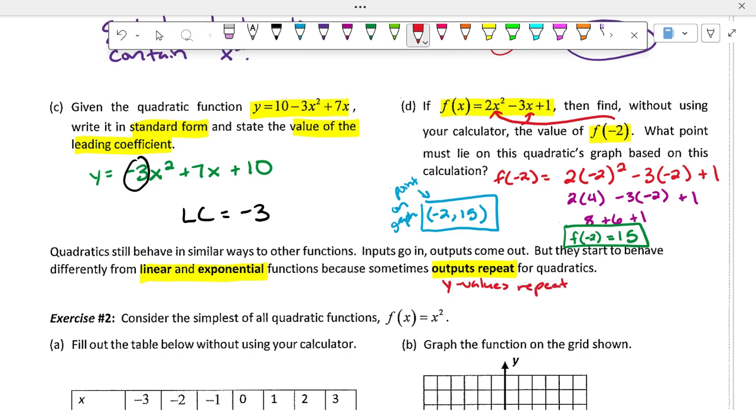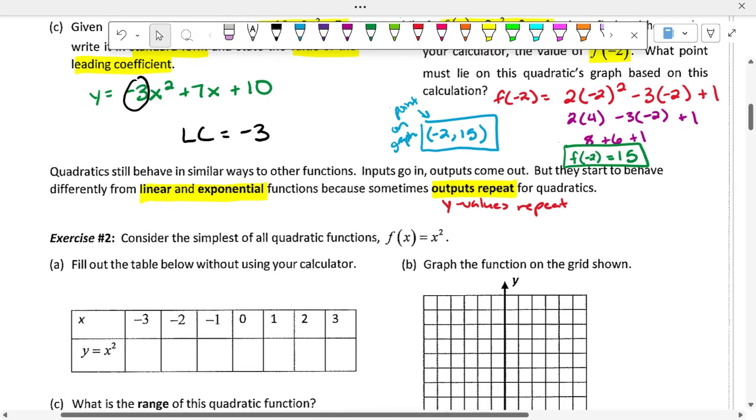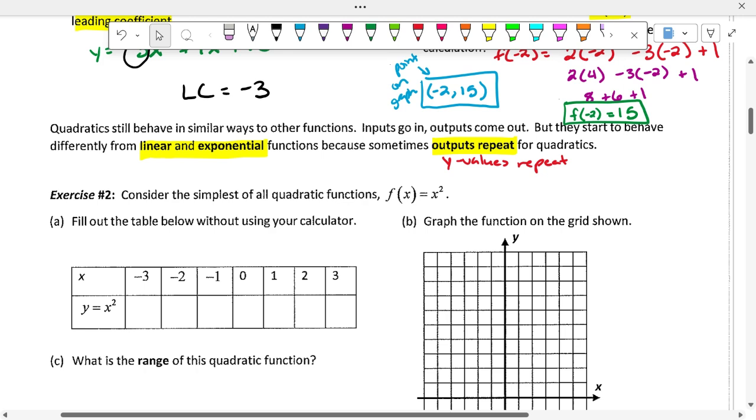Because remember, the only thing that matters about it being a function is that the x values don't repeat. As long as the x values don't repeat, it's still considered a function. But that doesn't mean y values can't repeat. So with quadratic, it is infamous for y values repeating.